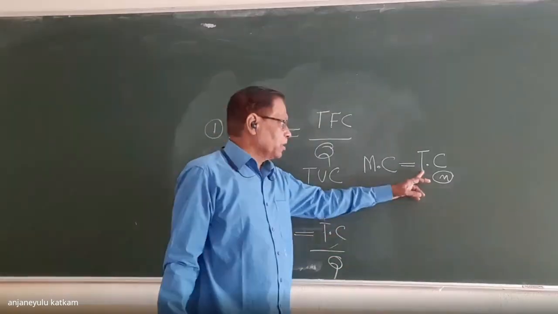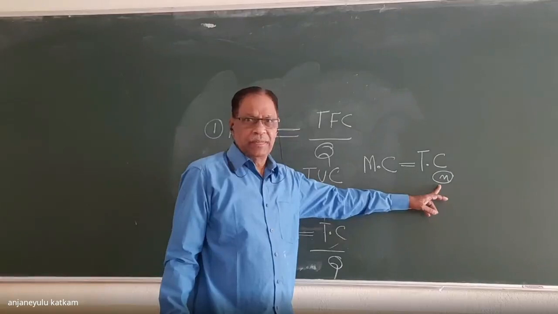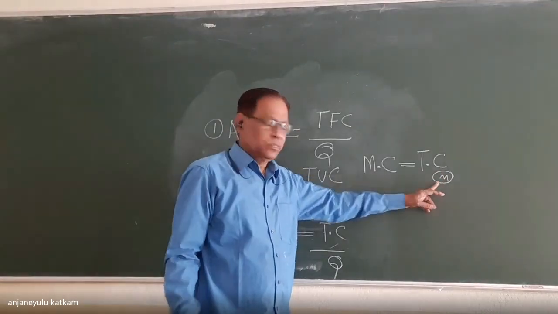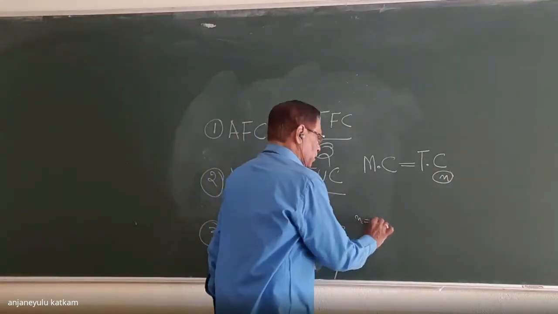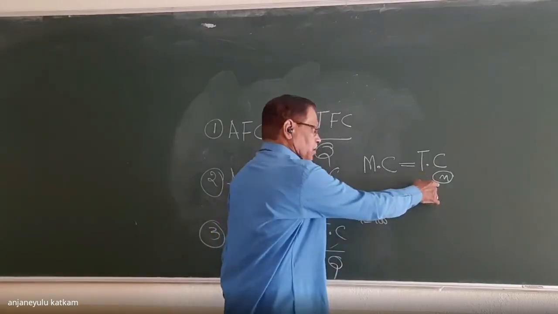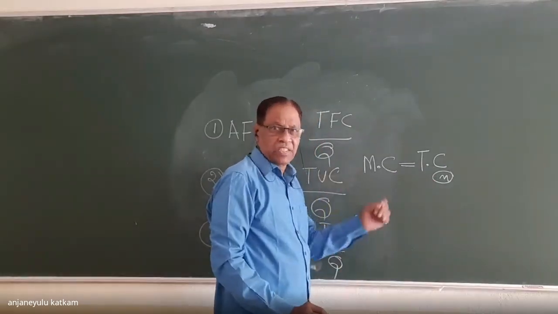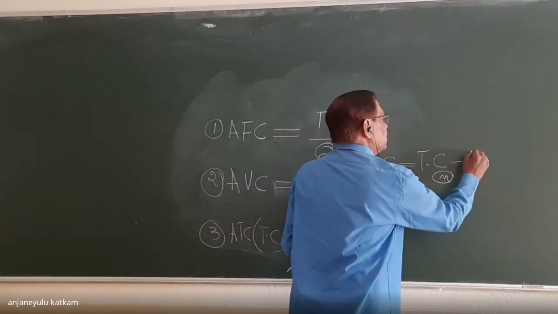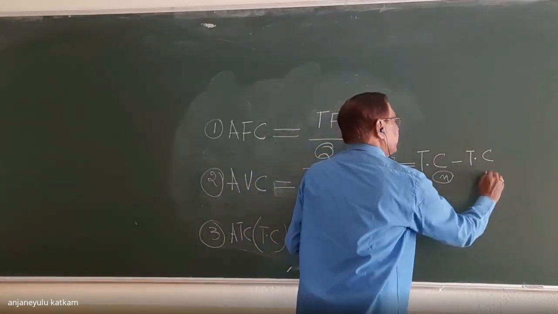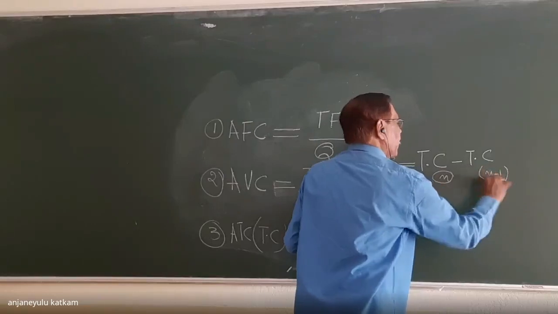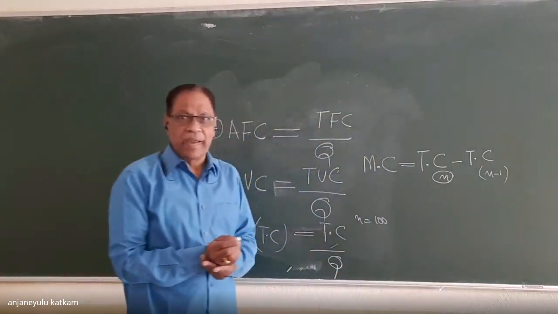The total cost of 100 units. N, let us assume it is equal to 100. So total cost of n units minus total cost of n minus 1 units.